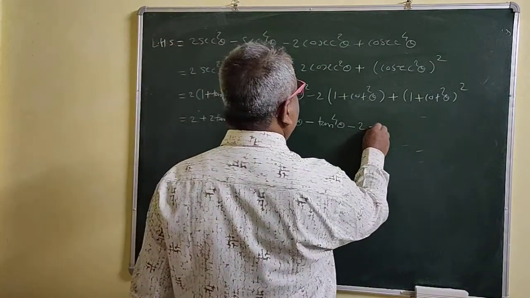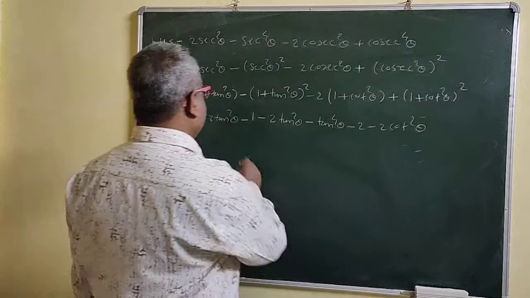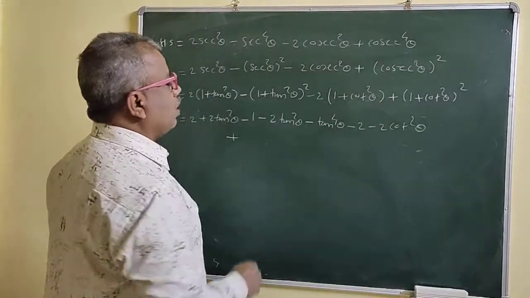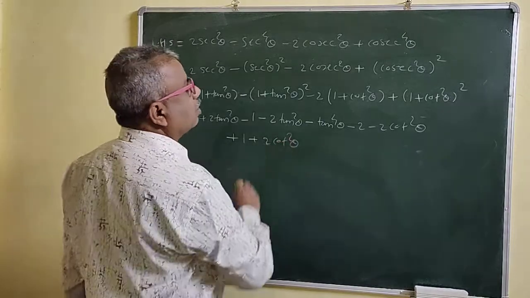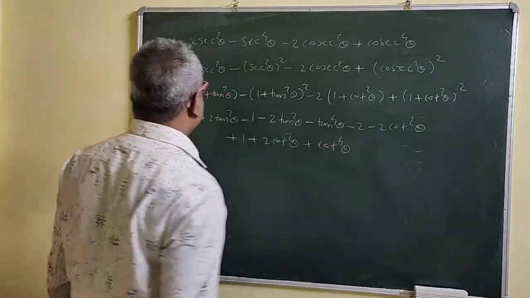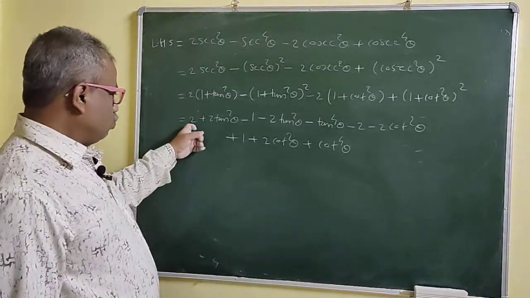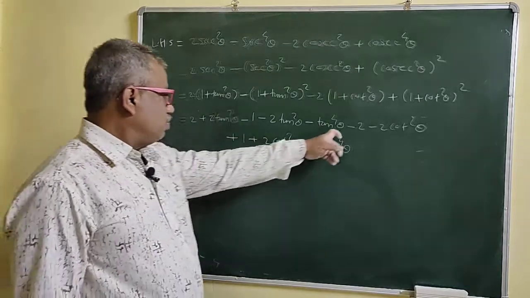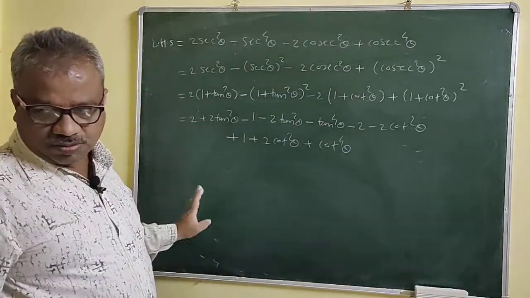Minus 2 cot square theta, right? Then plus 1 plus 2 cot square theta plus cot to the power 4 theta. Now see which terms are equal. So this is 2 minus 1, and this 2 gets cancelled here and 1 gets cancelled here. So no constant term is there.